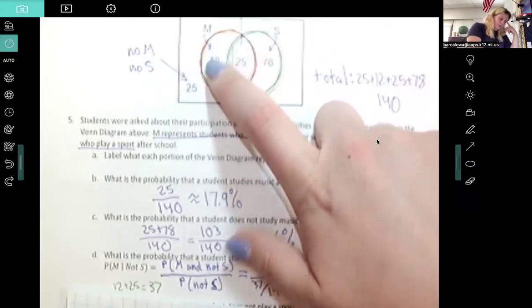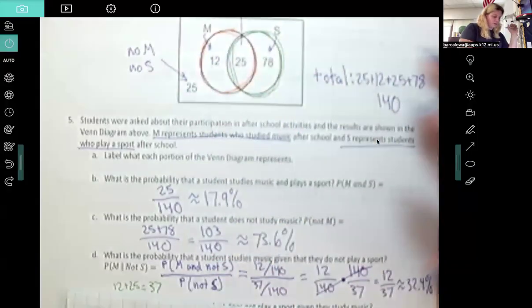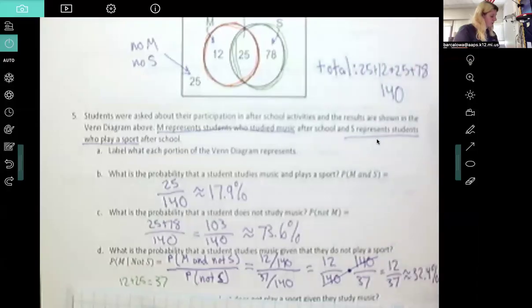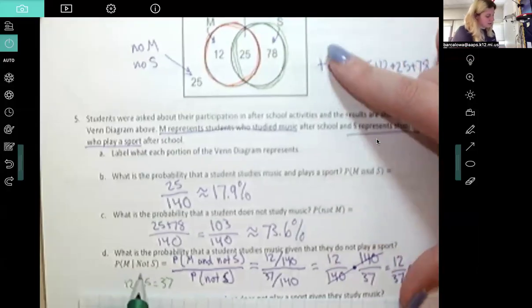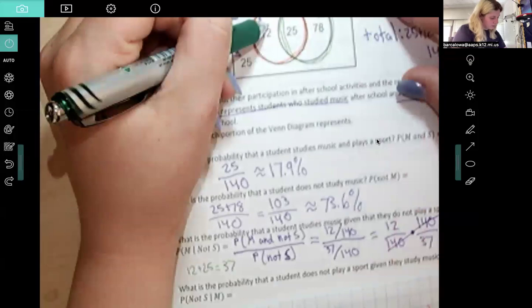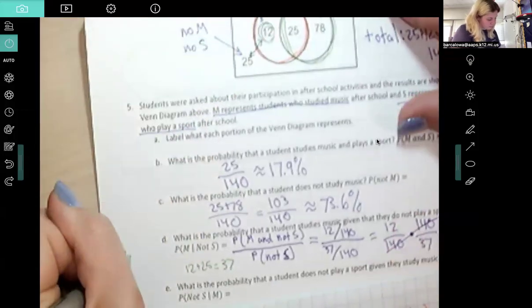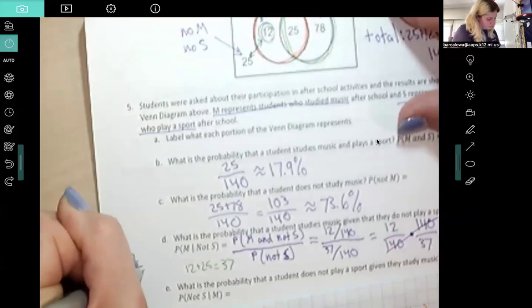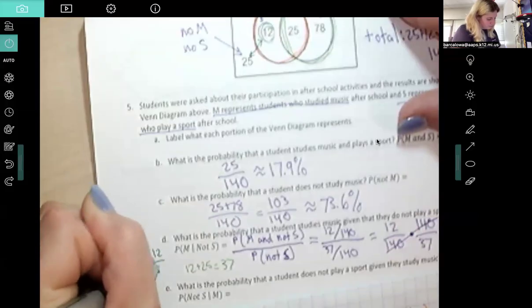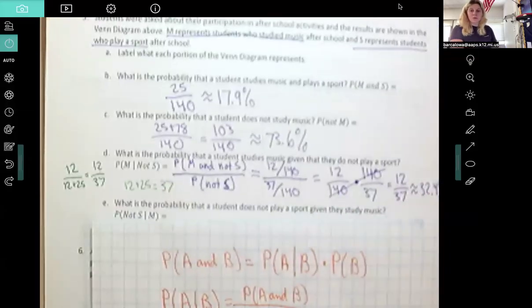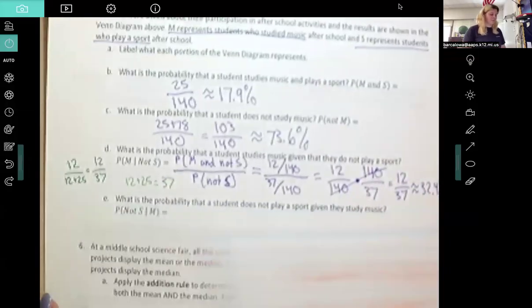So 12 out of those 37. I just want to show you guys the formula, mostly. But you could have gotten this by also just looking at, okay, the 12 out of 12 plus 25. Okay, and we got the same thing. That's the beauty of these formulas, is they always work. So if you're like stumped, you can always use it.